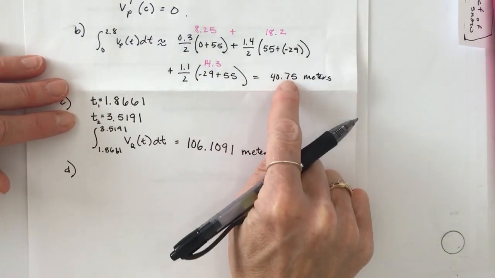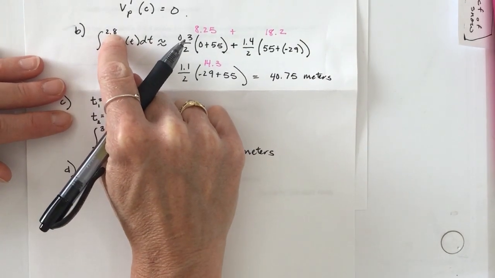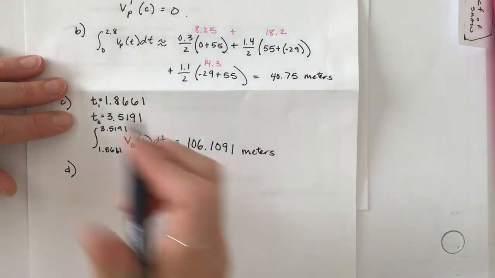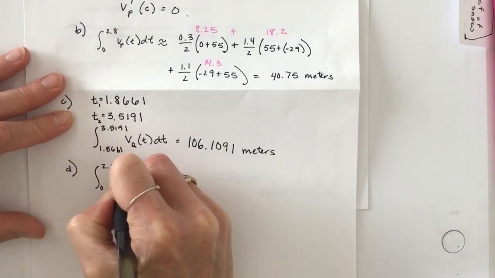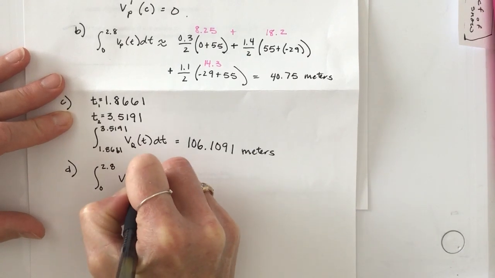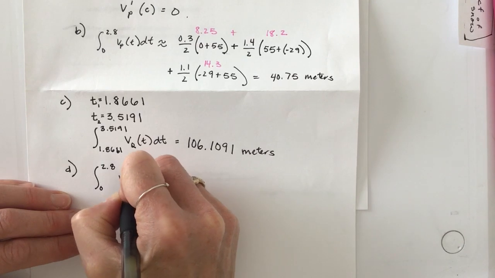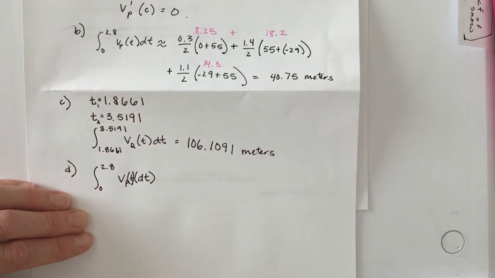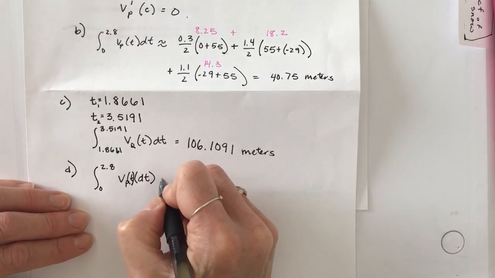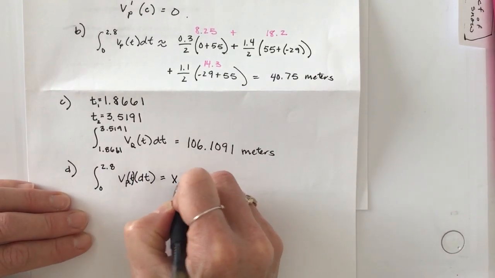Okay, so we have 40.75 meters from 0 to 2.8. And so if we integrate 0 to 2.8, VP of t dt, sorry about that, I messed up. Okay, that's a little bit messy. If we anti-derive velocity, we get position, right?